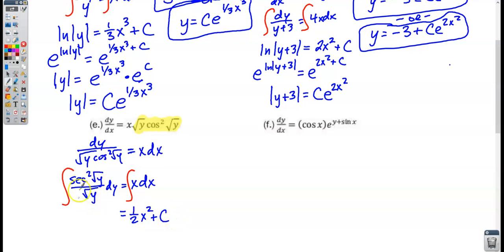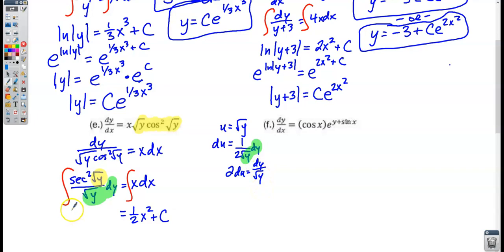In order to do the left-hand side, it would probably be helpful for me to use a substitution. So I'm going to use u is equal to the square root of y. So du is equal to 1 over 2 root y dy. And so I'm going to replace this square root of y with a u, and then the rest of this stuff, the dy and the square root of y in the denominator, I'm going to replace with a 2 du.